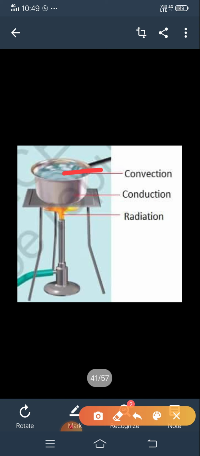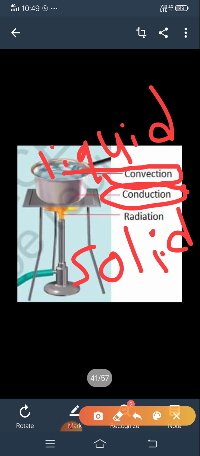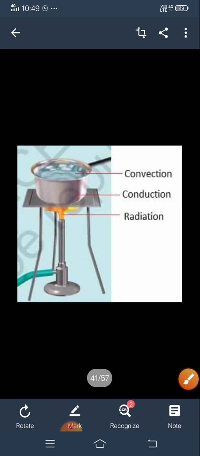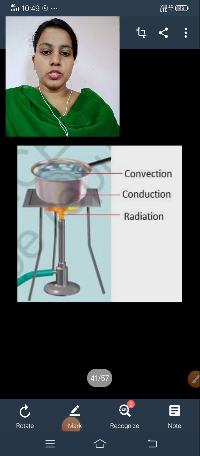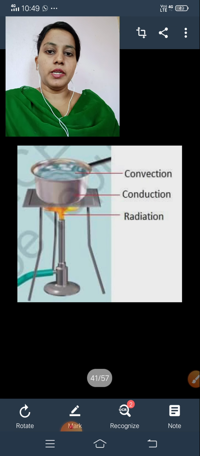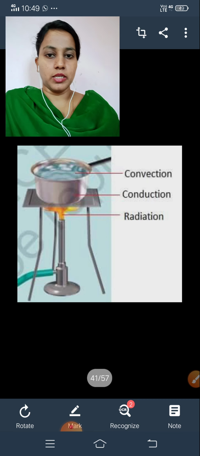See this one: this is known as convection and this one is conduction, because conduction means heat transferred in solids, and convection means heat transfer in liquids and gases. Is it clear about convection and conduction? Okay, in the next class we will discuss radiation.